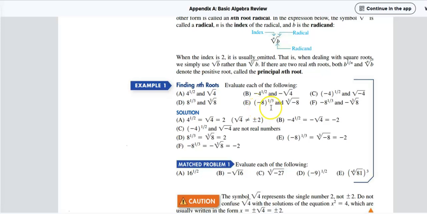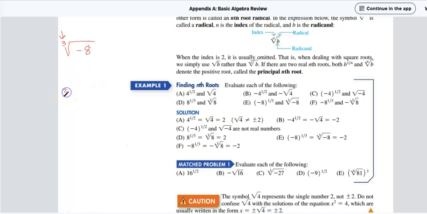If I have negative 8 with parentheses to the 1/3, that is the same thing as the cube root of negative 8. When there is an odd root, like the cube root, and I have a negative number, that's not necessarily going to be an imaginary number.